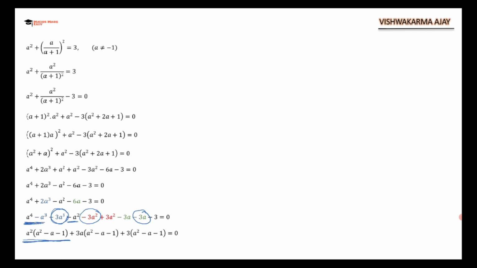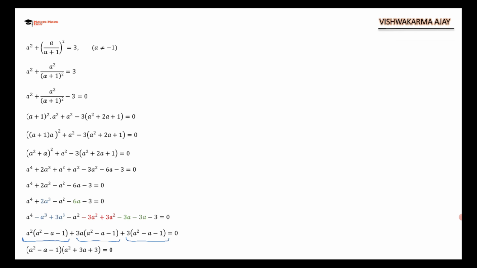Let's go further. 3a² minus 3a minus 3: you take 3 common, so you have (a² minus a minus 1) in the bracket. I hope this is clear. If not, please pause the video and try to read this equation. From these three terms, you can take (a² minus a minus 1) common.